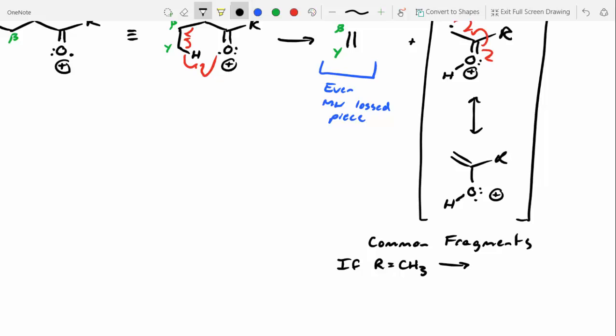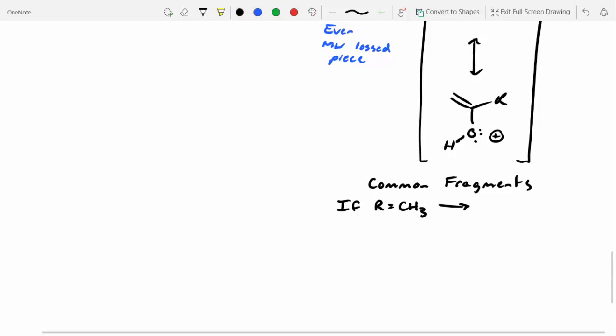Does anybody have an idea? Not everybody all at once. We've got 3 carbons. We've got, how many would that be? 6 hydrogens and 1 oxygen? 55. Is it 55?